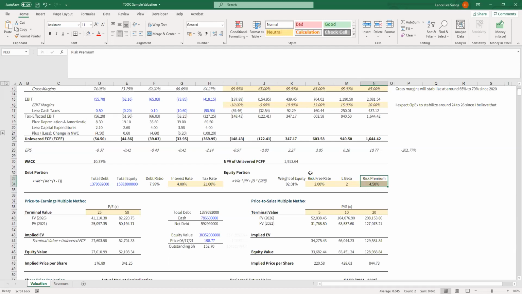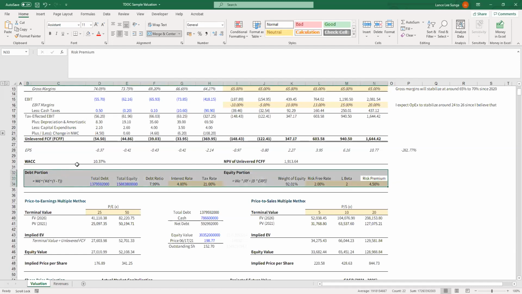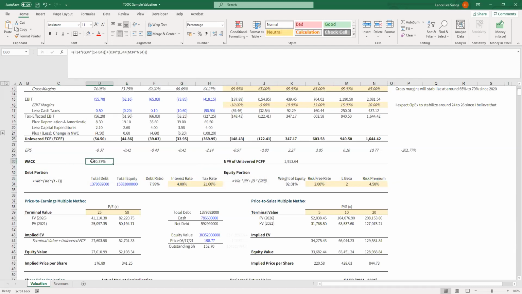So the risk premium comes from the expected return of the market minus the risk-free rate. So I think the expected return of the market last year was around 6.5%. And then you subtract that to the risk-free rate, you arrive at 4.5%. So it's basically your WACC portion.